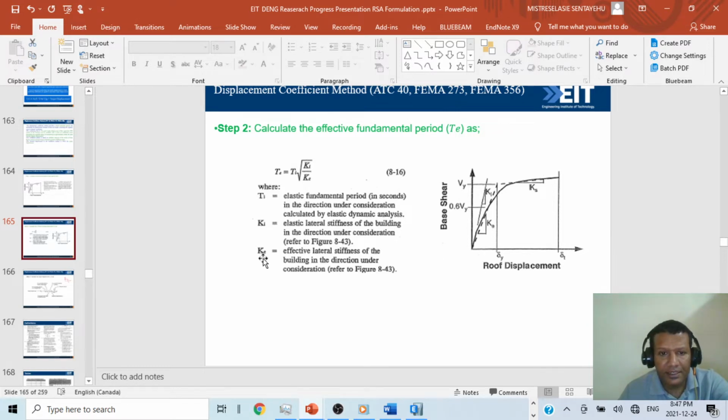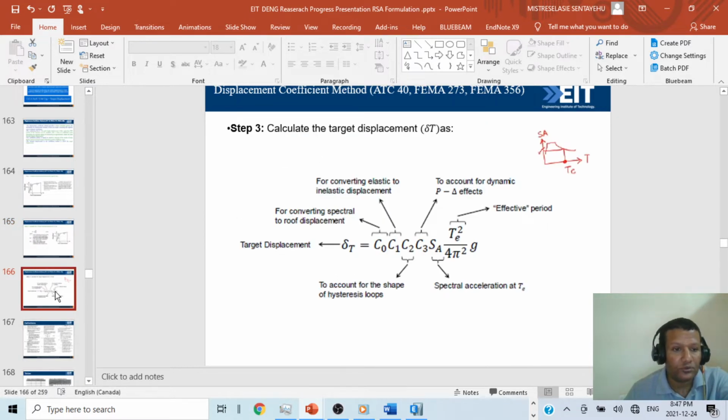For example, Ke, effective lateral stiffness of the building in the direction under consideration. Ki is the elastic lateral stiffness of the building in the direction under consideration. So Ti, this is the elastic fundamental period in seconds in the direction under consideration, calculated by elastic dynamic analysis. So once we have the period, then we can calculate the effective period.